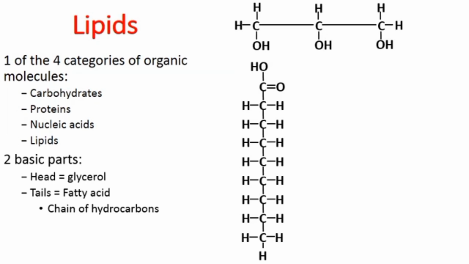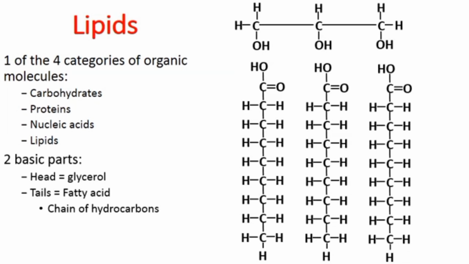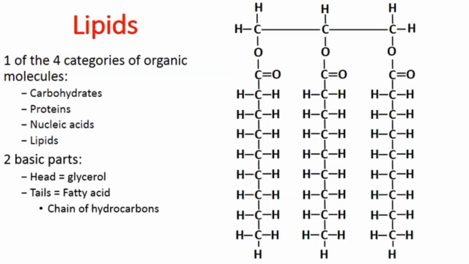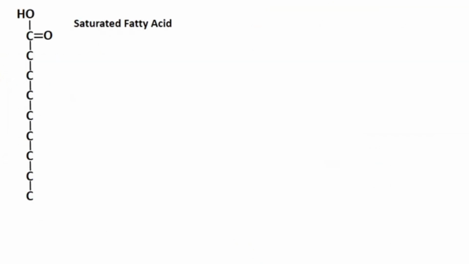It is a collection of carbon and hydrogen, which is why it is called a hydrocarbon chain. One to three fatty acids attach to one glycerol to make lipids, commonly called triglycerides. Lipids are great because they store energy, and you can use this energy.